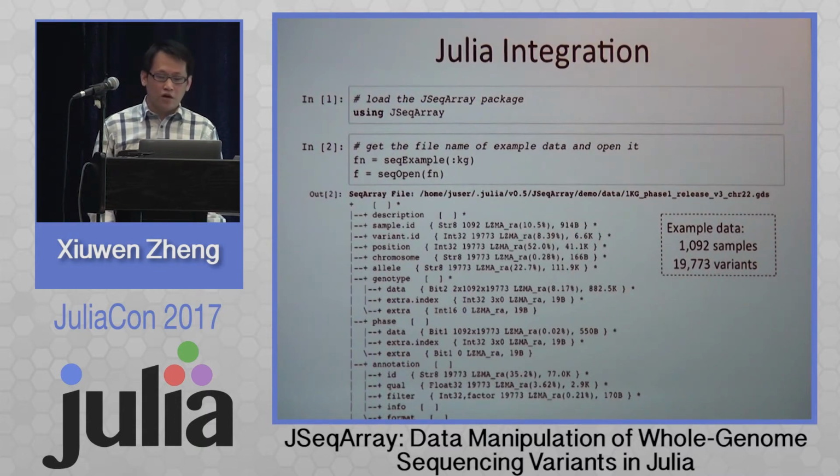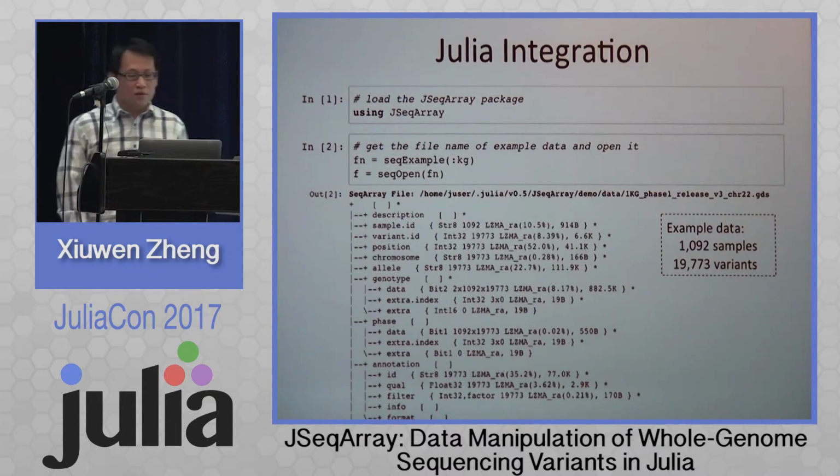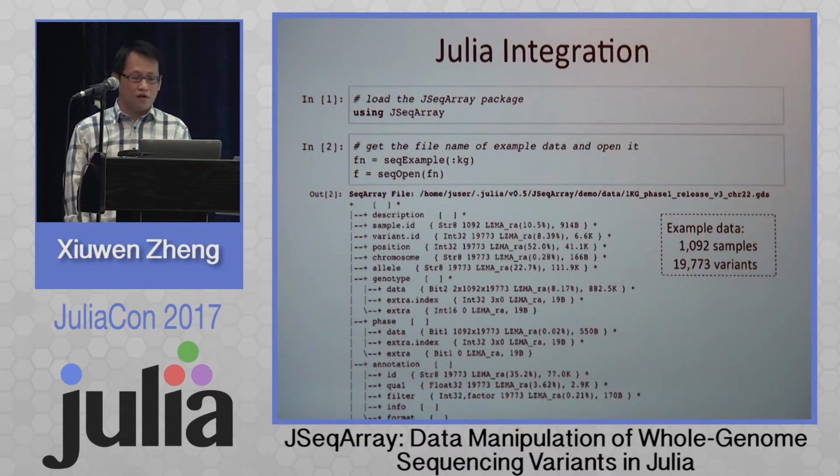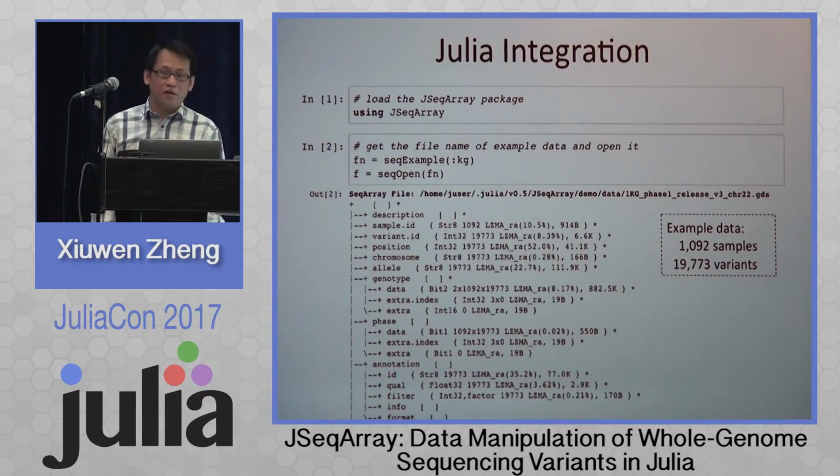The hierarchical structure of the example file is shown in the output, and the variable name indicates the functionality, for example, the sample ID, variant ID, genotype, and annotation. Each variable name is followed by the information of data type, dimension, compression algorithm, and storage size. You can see there are 1,092 individuals in this small example file.